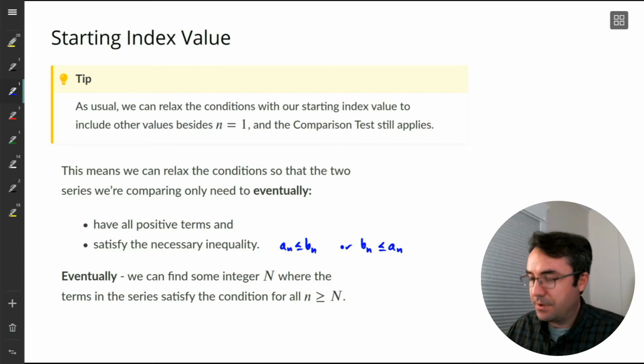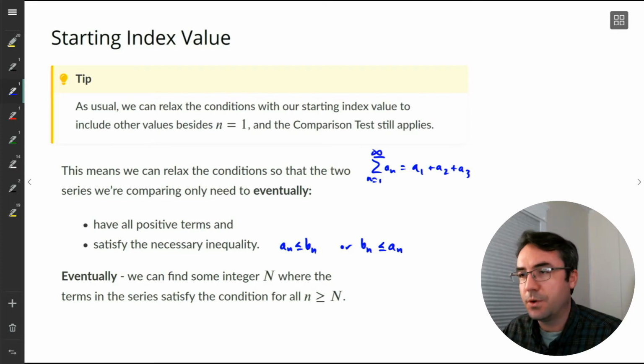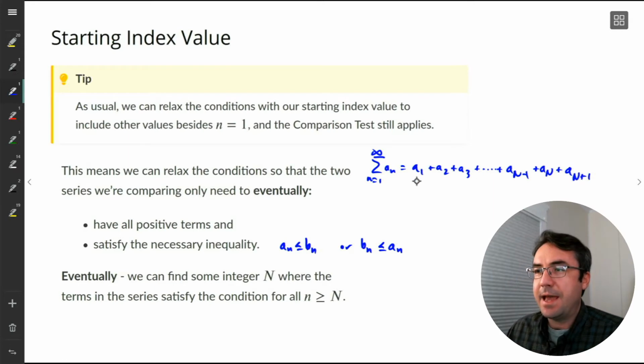So, if we write out the sum of a_n, it's like a_1 plus a_2 plus a_3, where we're starting with n equals 1, going to infinity. And then maybe we get to a_(n-1) plus a_n plus a_(n+1). And it's helpful, again, to think of the tail of our series.